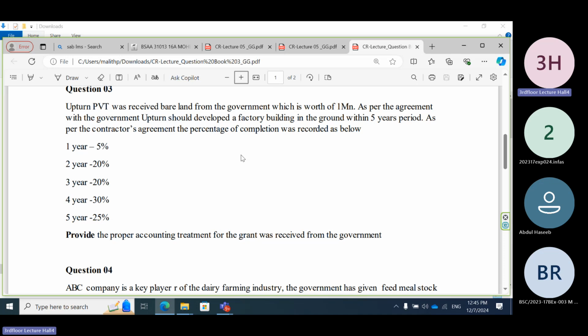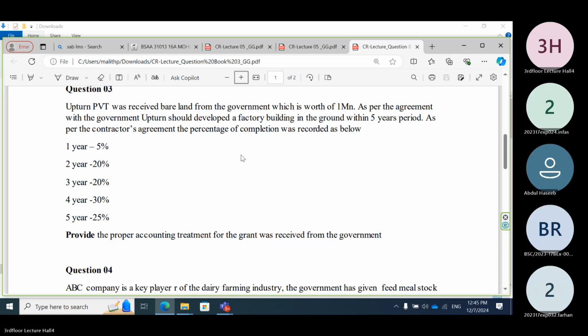Worth means the fair value. Keep in mind the fair value of 1 million, right? As per the agreement with the government, Upton should develop a factory building on the ground within a 5 year period. What's the condition? We need to develop a factory building within 5 years.